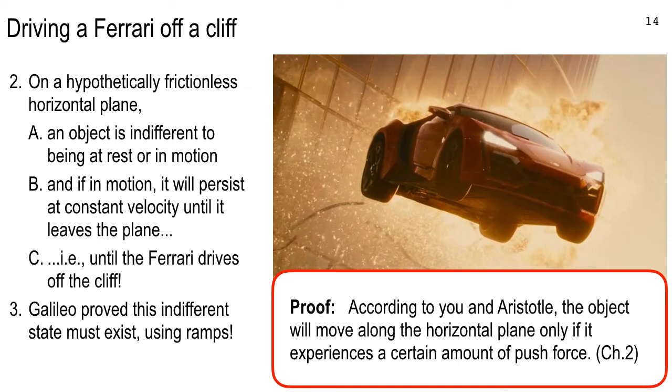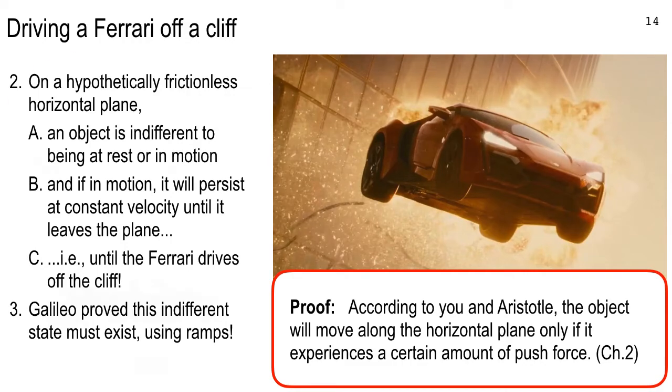That's what Aristotle's view was. He said, okay, frictionless plane, nice, but I still need a push force to keep it going. Okay, and Galileo's position was not really. And here's how he proved that not really is the correct view.